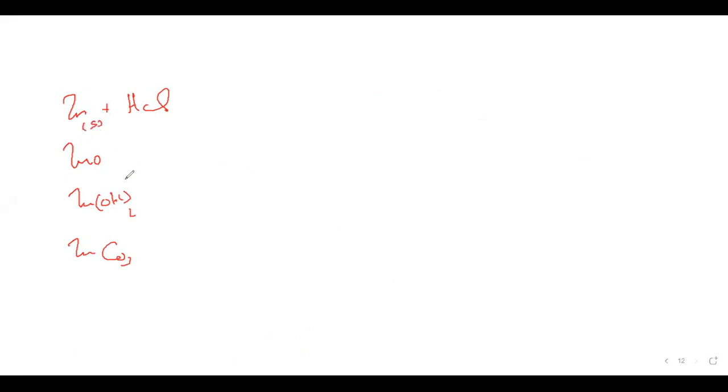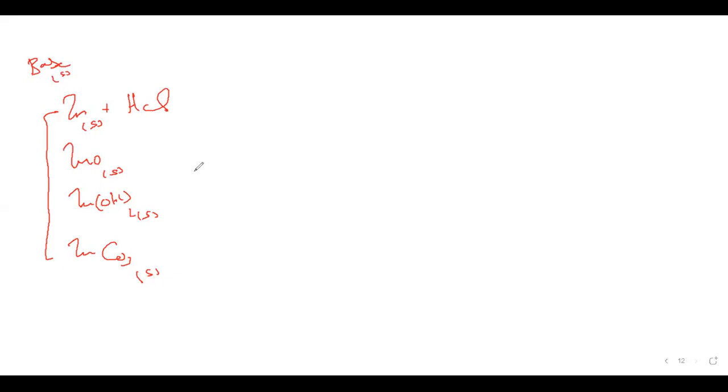So all of them, metal, metal oxide, metal hydroxide, metal carbonate, are considered as a base, and must be solid. You will find it mainly transition metals. And then reacting with an acid.